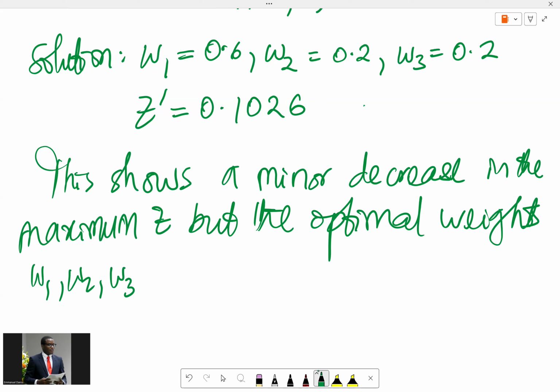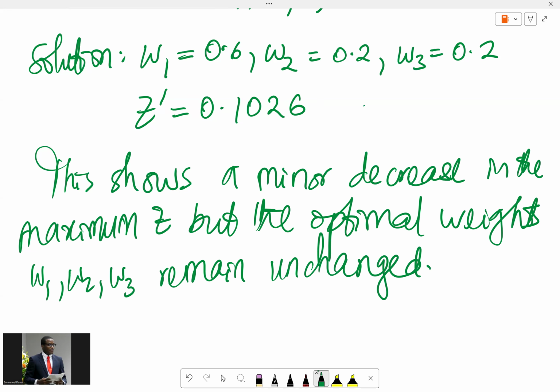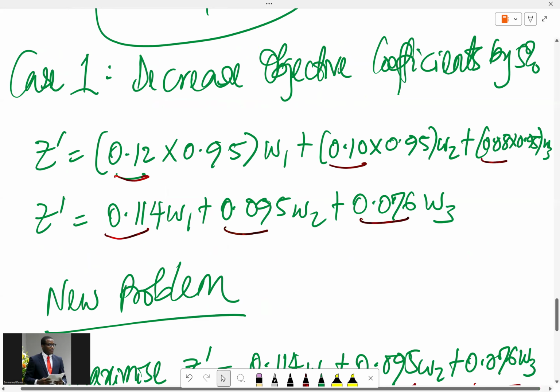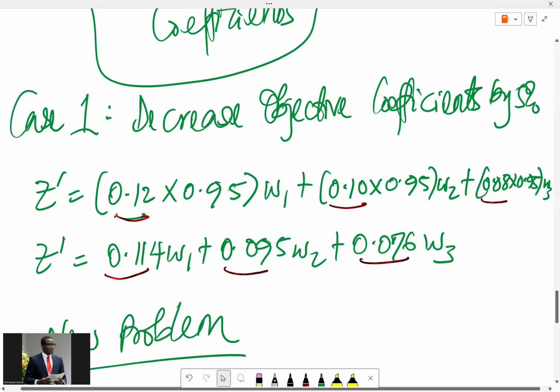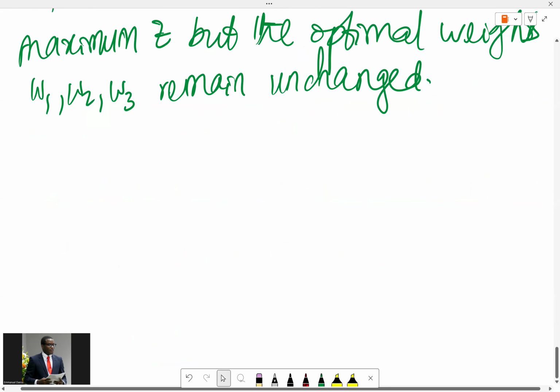W1, W2, W3 remain unchanged. So that is case one, when we focus on the coefficients. So let's talk about case two.